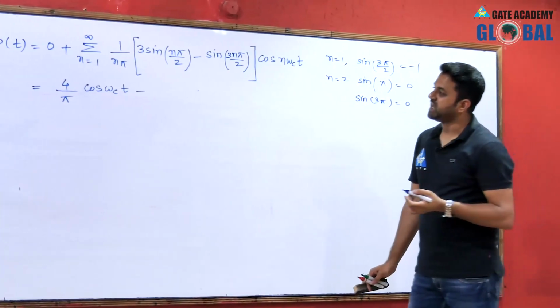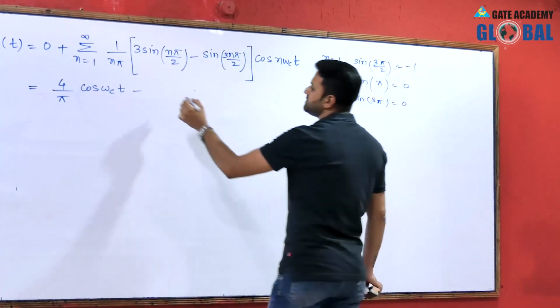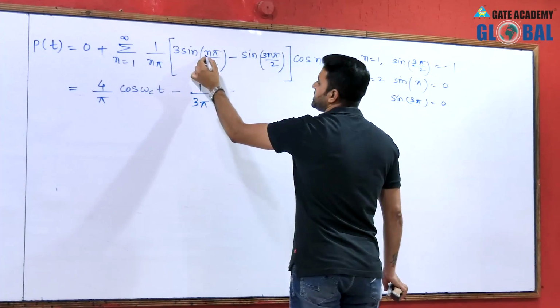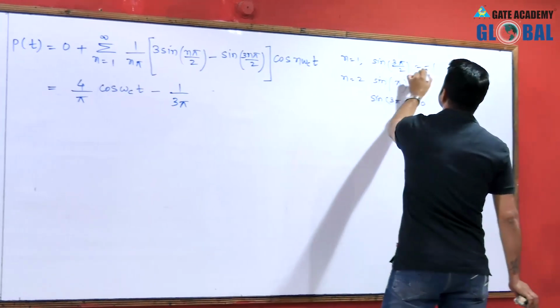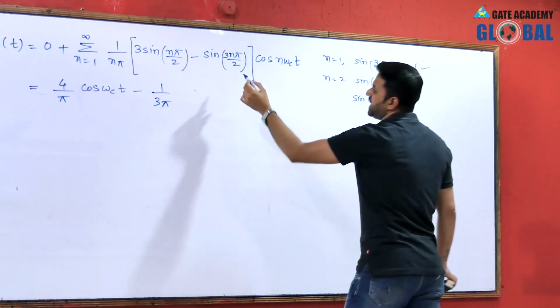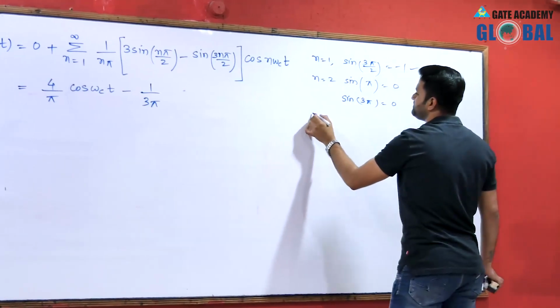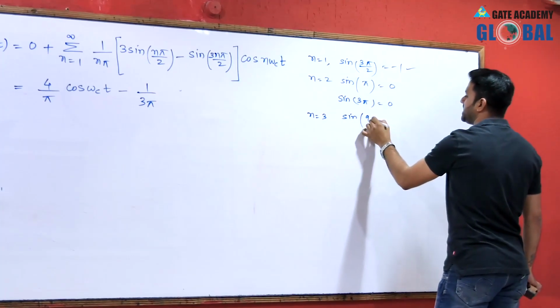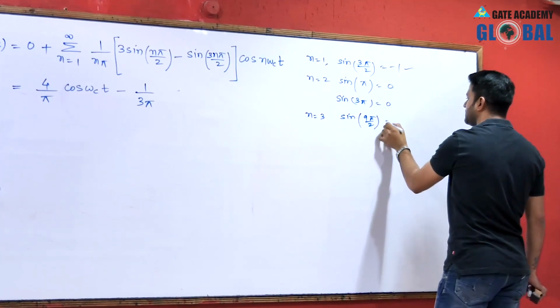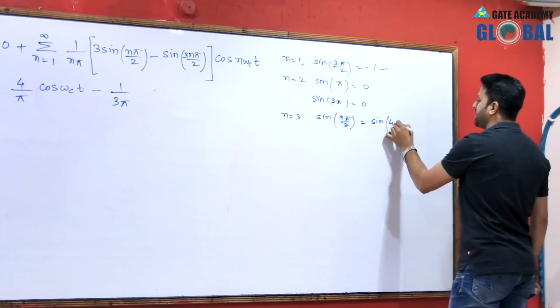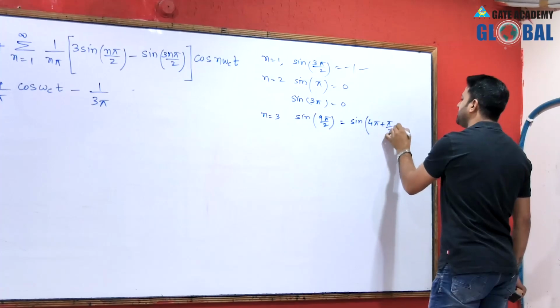And when we substitute n equal to 3, we get 1 upon 3 pi here, and here 3 sin 3 pi by 2, so 3 pi by 2 gives minus 1, so that is minus 3, and sin 9 pi by 2, which is equal to sin of 4 pi plus pi by 2.